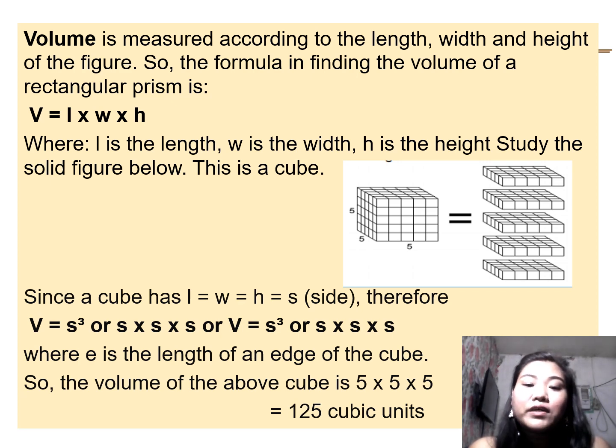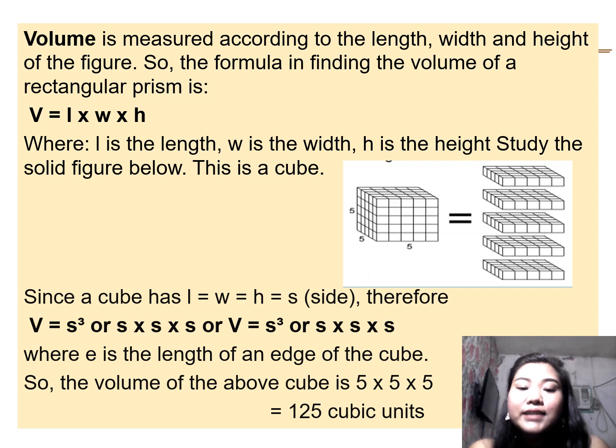Study the solid figure below. This is a cube. You can see it is what we call a cube because the sides are congruent, or the same. The measurement of each side is the same. If the length is the same as the height and the width, therefore it is a cube.